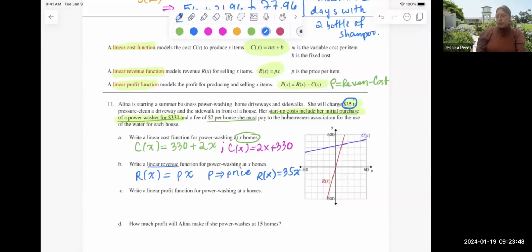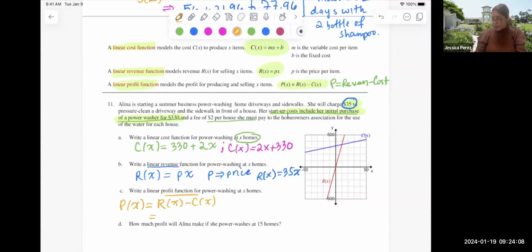Now, the next question says, write a linear profit function for the power washing machine. So what we know about the profit function, P of X, is the subtraction between their revenue minus your cost, which we know both of these.